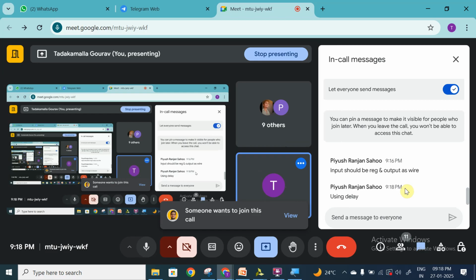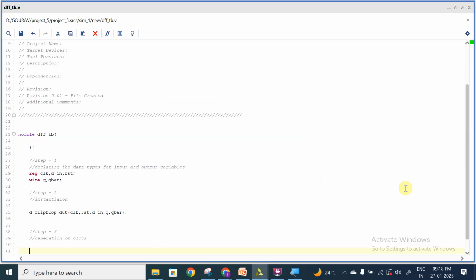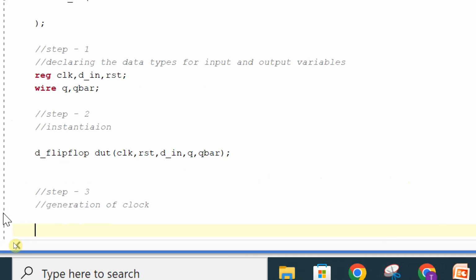Which type of construct can we use for generating this clock? Always, yes. Or you can use forever also. You can use always or you can use forever. I'm going to use this always.